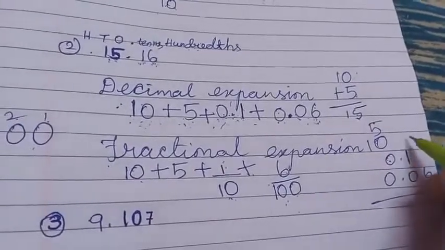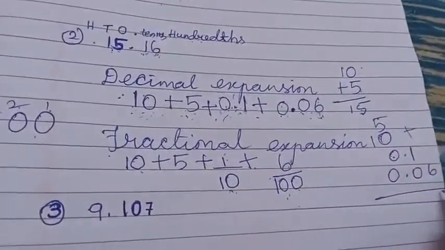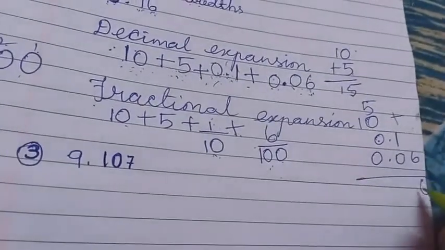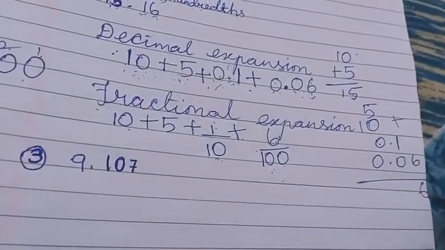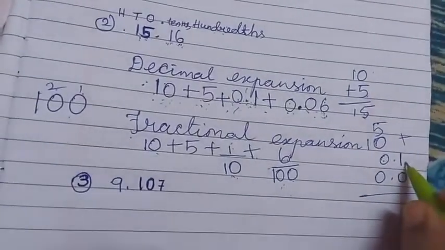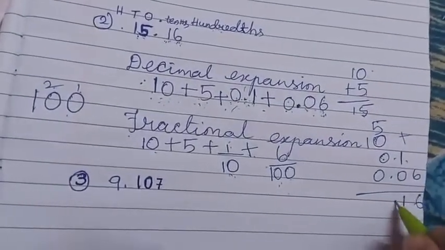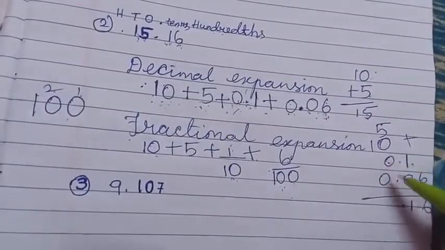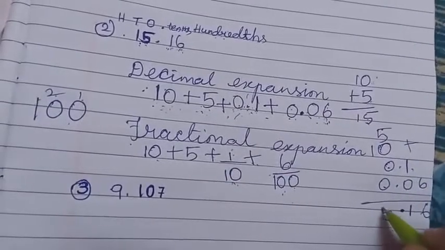You saw how I'm going to add. Now add here: 6, and then 1 plus 0, 1, put the point, and then 5 plus 0, what will come? 5.